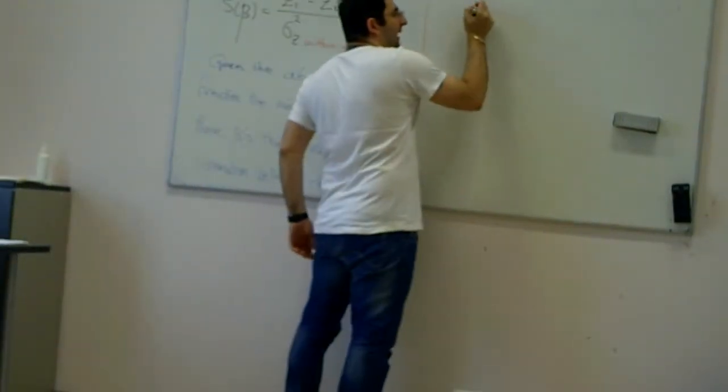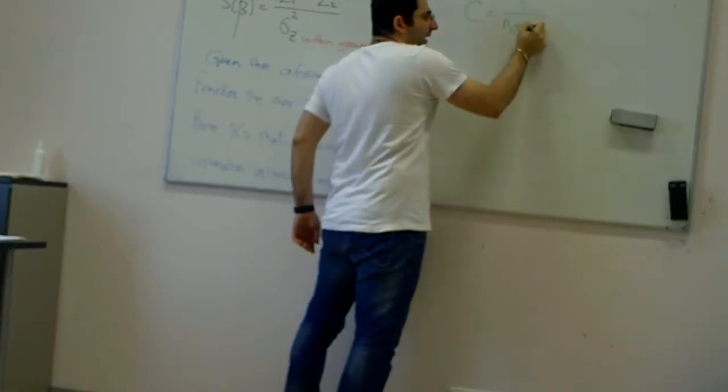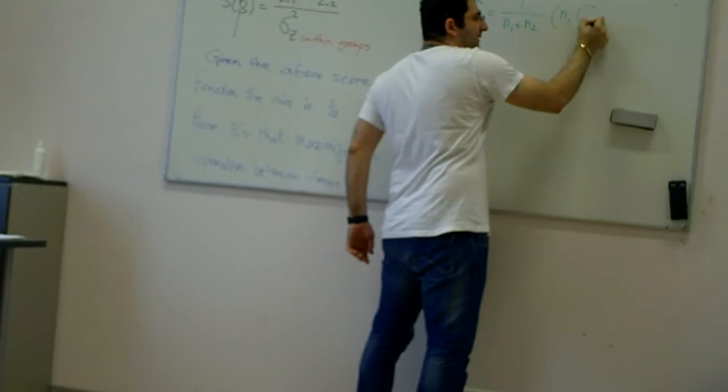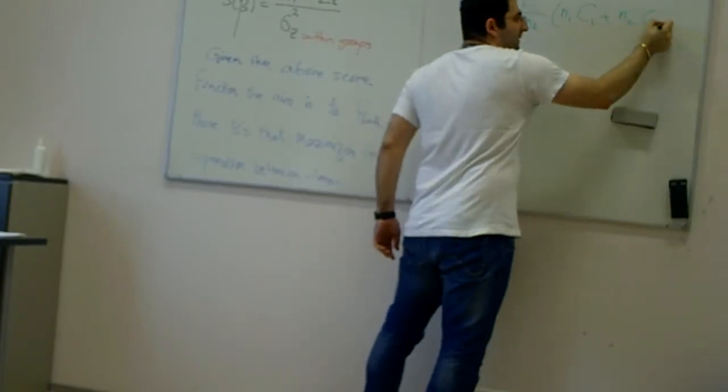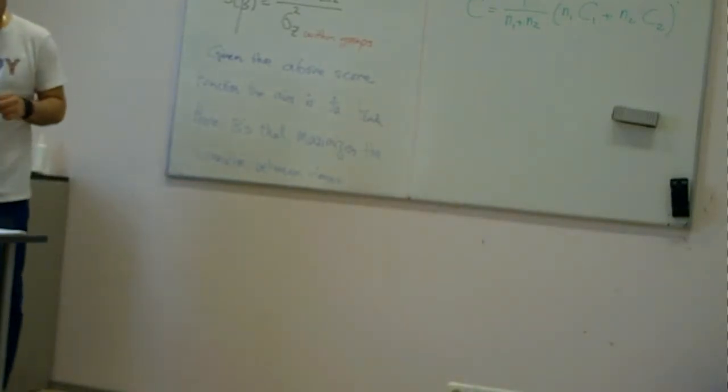The covariance matrix can be calculated by 1 over n1 plus n2 multiplied by n1 c1 plus n2 c2. What is c1? What is c2? c1 is the covariance of set 1, c2 is the covariance of set 2, n1 is the number of elements that we have in set 1, n2 is the number of elements that we have in subset 2.